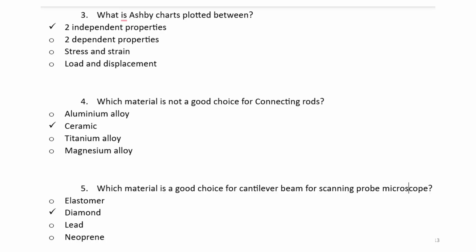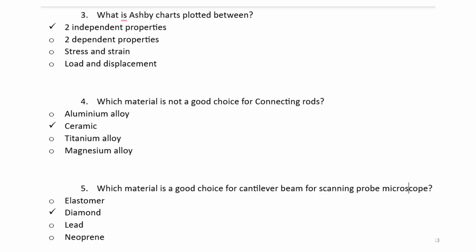Next question is, which material is not a good choice for connecting rods? Your options are aluminum alloy, ceramic, titanium alloy, or magnesium alloy. So the correct answer will be ceramic. In case of connecting rods, it should have good fatigue properties, as I told earlier, and it should be light as well.